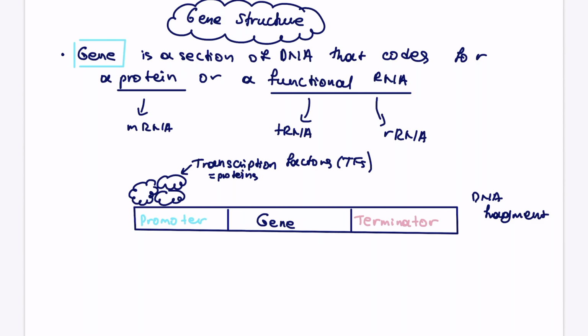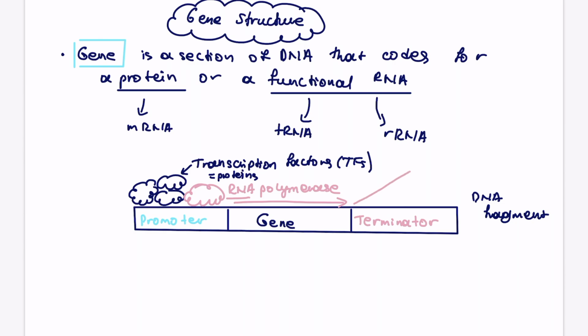You don't need to know specific names for A-level, but if you are going to study biology at university, you will learn that there are different ones in prokaryotic and eukaryotic cells, and they'll bind in a different order. But for the sake of it, we know the transcription factors will bind to the promoter, and what they do is end up recruiting RNA polymerase, an enzyme that basically will synthesize messenger RNA.